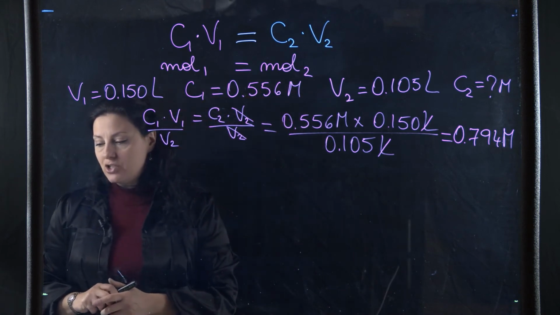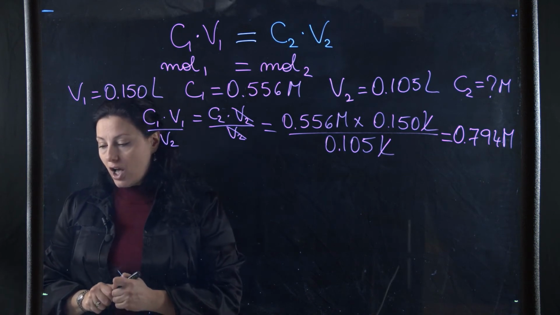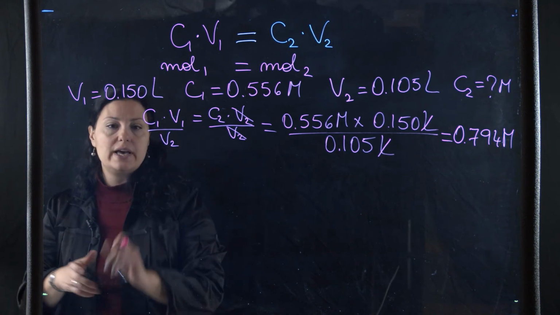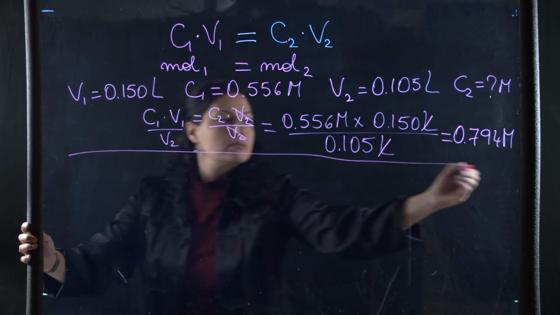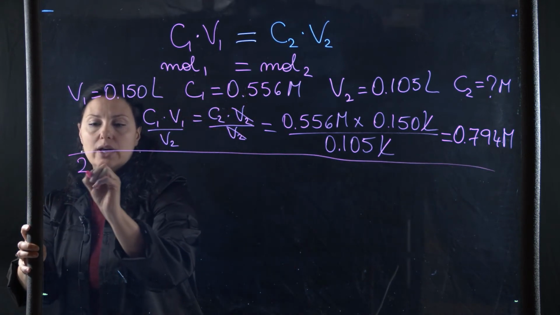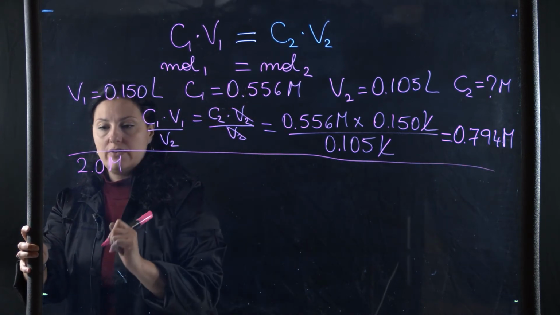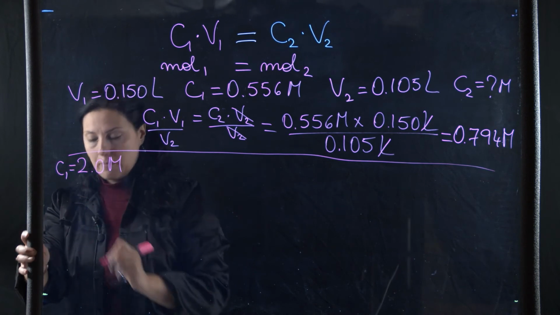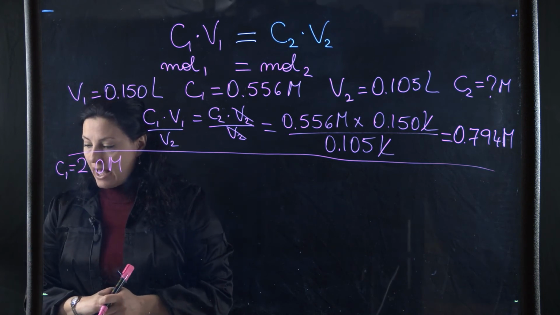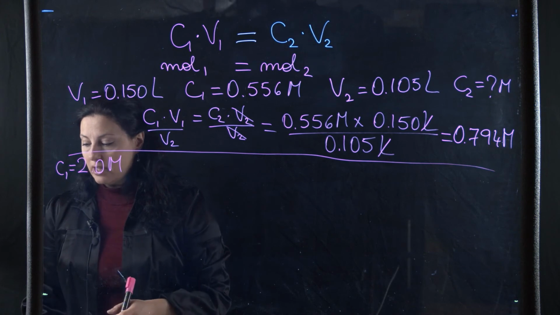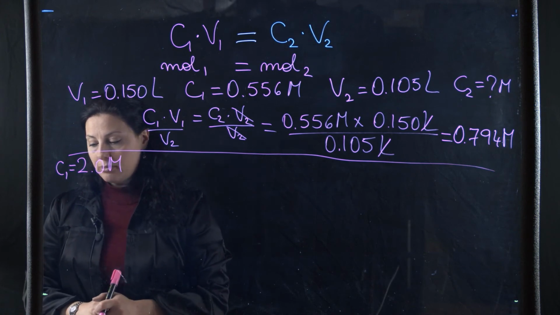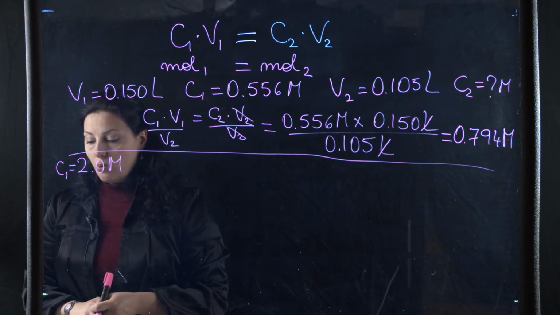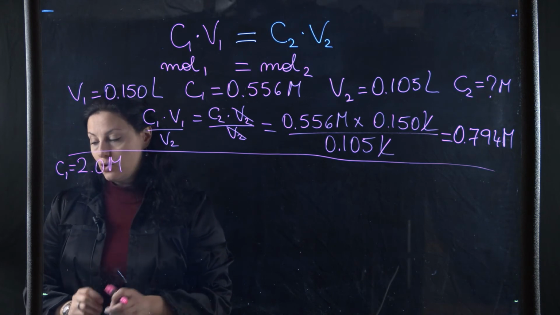An experiment in a general chemistry laboratory calls for a 2 molar solution of HCl. So I want a 2 molar solution of HCl. How many milliliters of 11.9 molar HCl would be required to make 250 milliliters of 2 molar HCl?